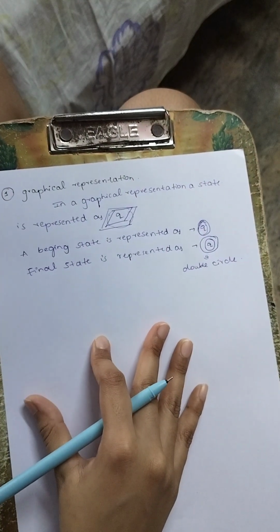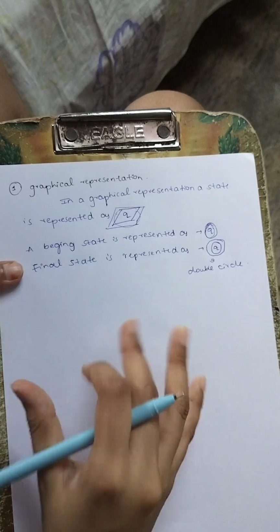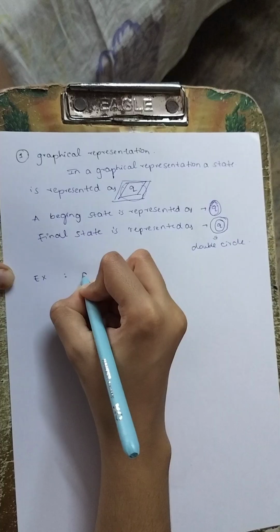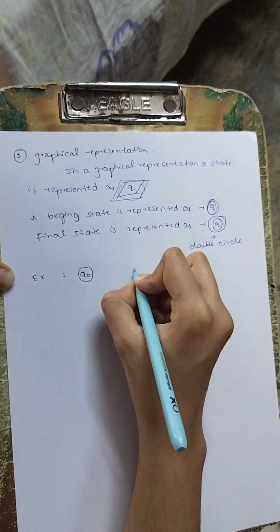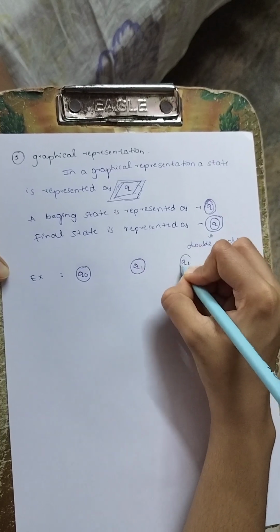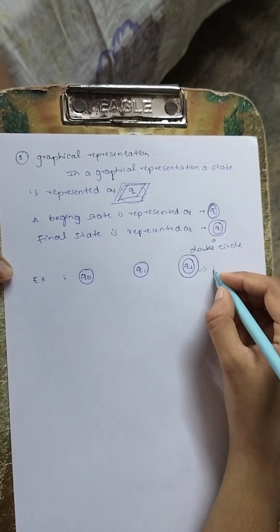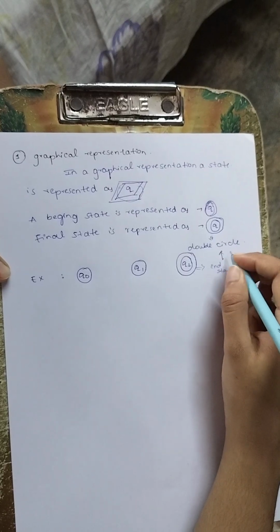So we're gonna represent it in a double circle way. So let us have an example. Here as of now we know that it is denoted by the single circle. So Q, Q1 and Q0. As it is the end state, we're gonna represent it as a double circle.